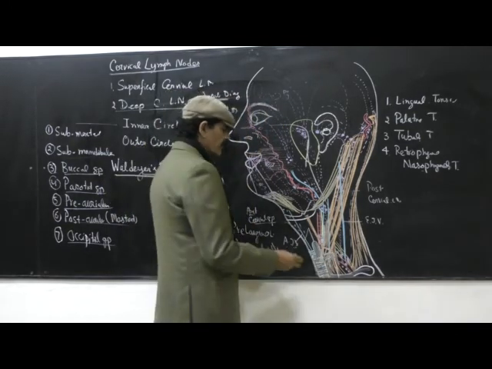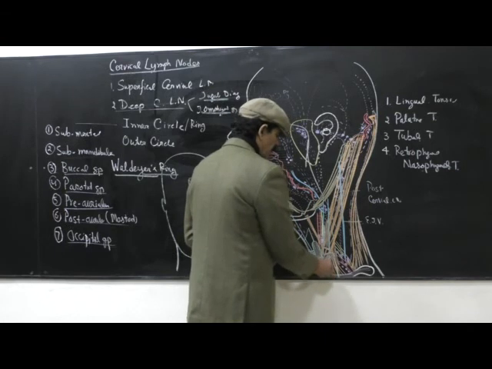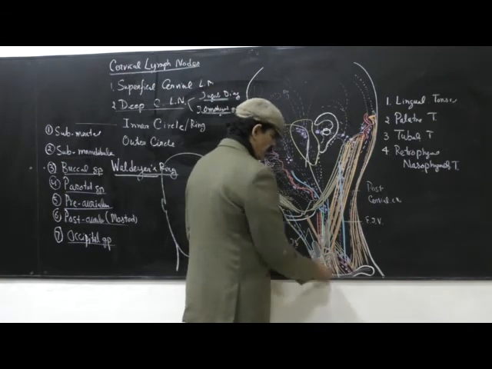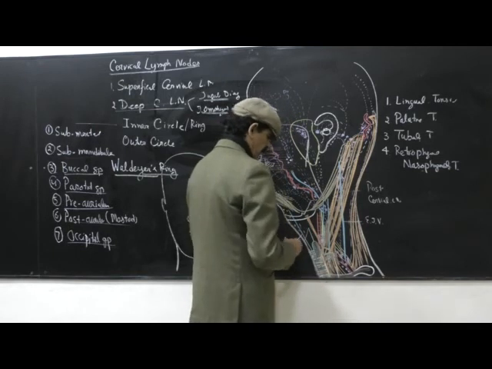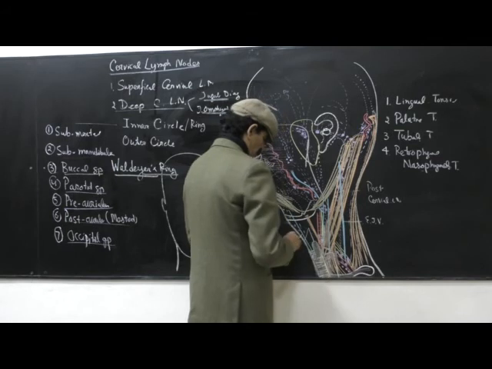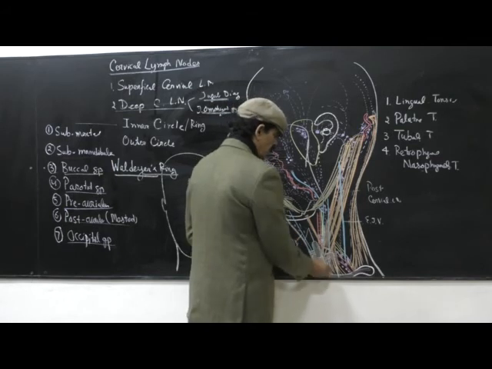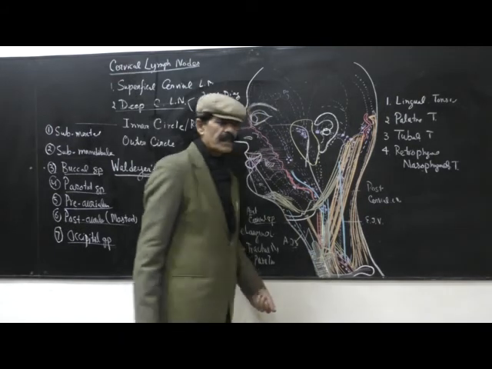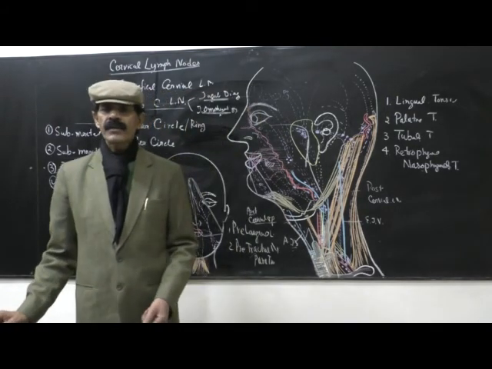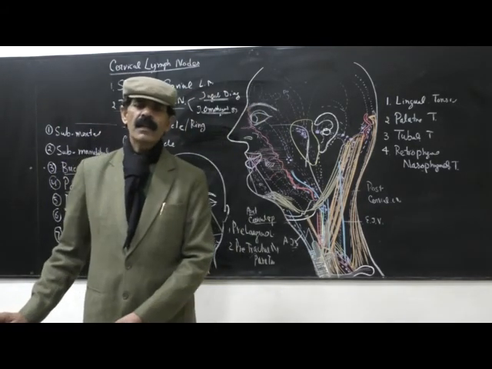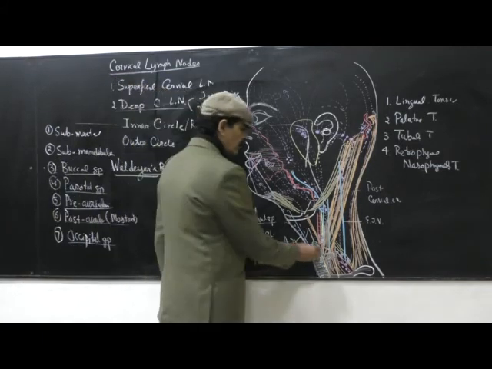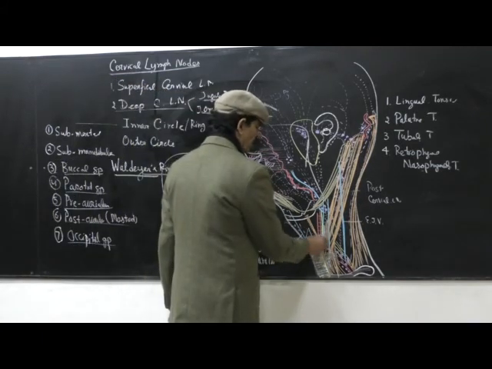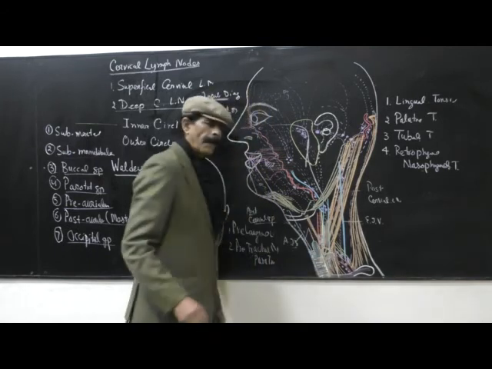This groove contains the recurrent laryngeal nerve branch of the vagus, along with the inferior thyroid vessels. The lymph node is present along this groove and is labeled as the paratracheal group of the cervical lymph nodes. All the lymph from these areas ultimately goes to the jugulo-omohyoid group of the lymph nodes which are nearby.